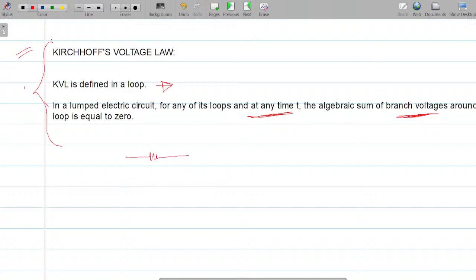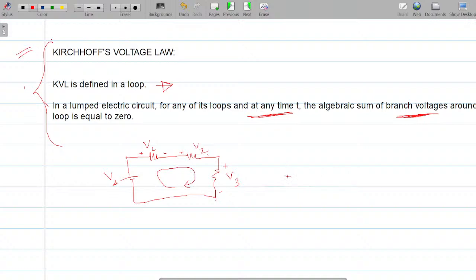It is something of this sort: Vs, V1, V2 and V3, right? So can I say, when you traverse from negative to positive, there's always a gain. This is the basic sign convention that we know.